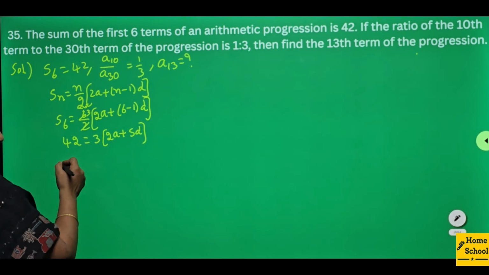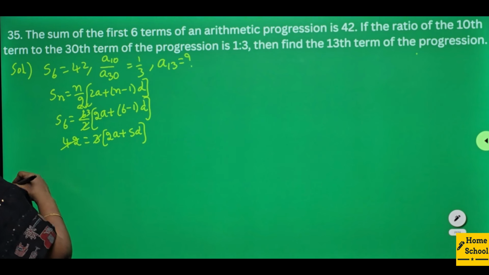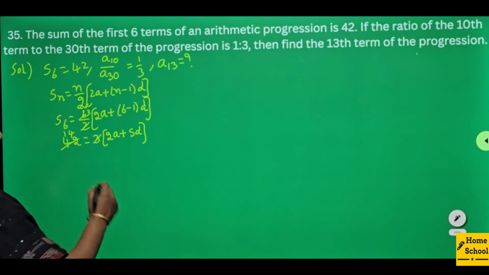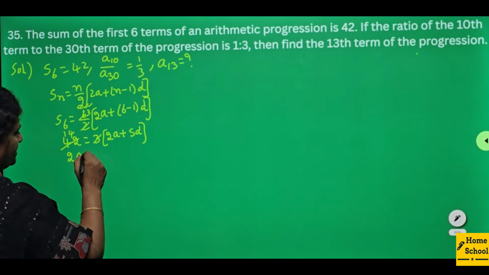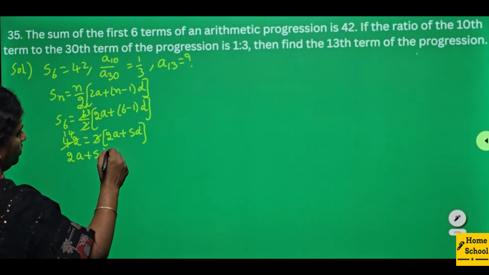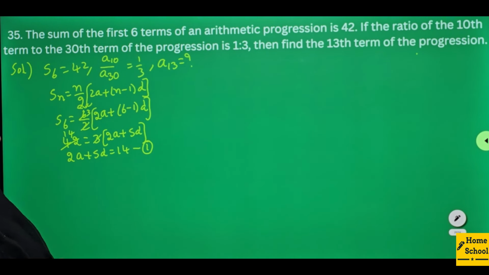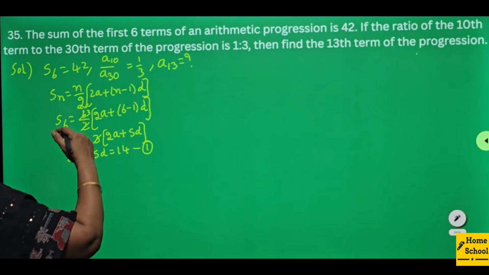If you want, you can send this 3 this side or directly you can cancel. 3 1s are 3, 3 4s are 12. 2a plus 5d is equal to 14. That is your first equation. Further I cannot do. Now take the second one.